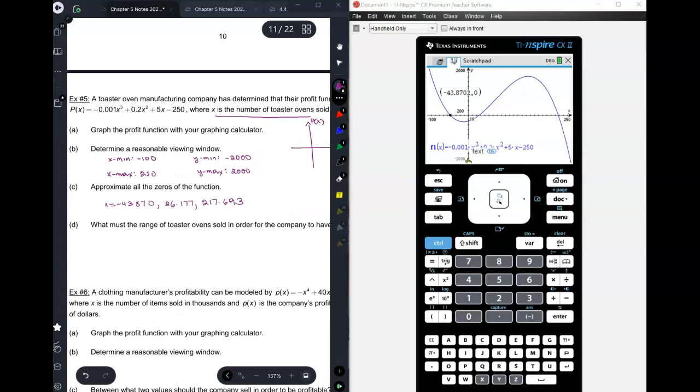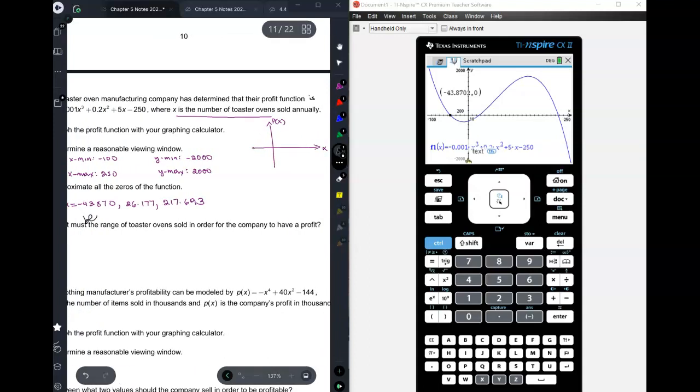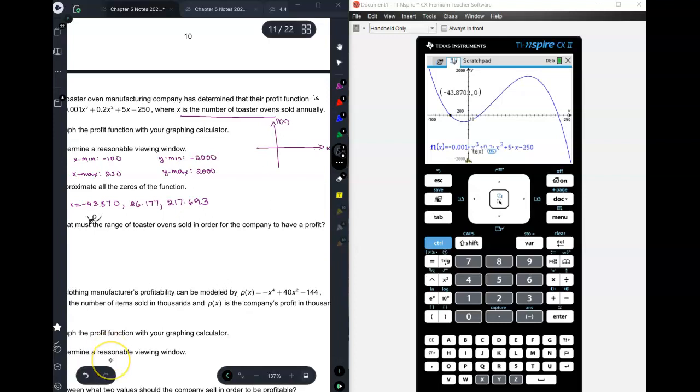Now the question says, what must be the range of toaster ovens sold in order for the company to have a profit? So look at this graph. If this is profit, first of all, now we have to be on the positive side of the x-axis. Profit is this graph, right? The x-axis is zero profit.